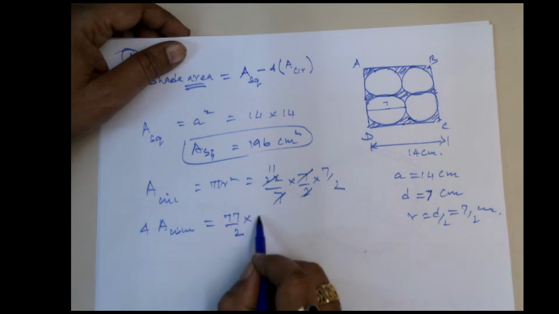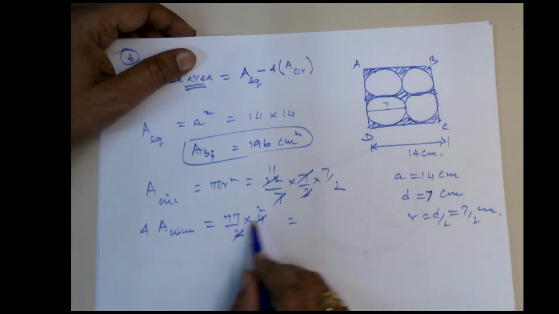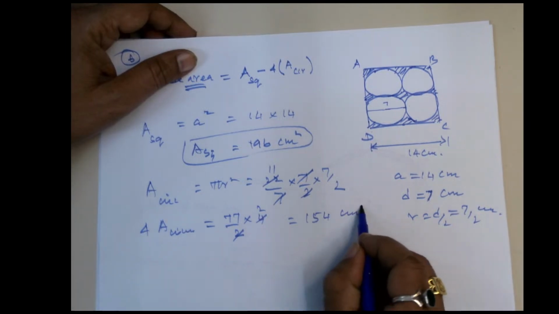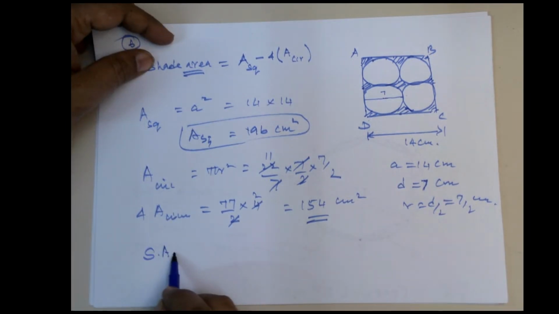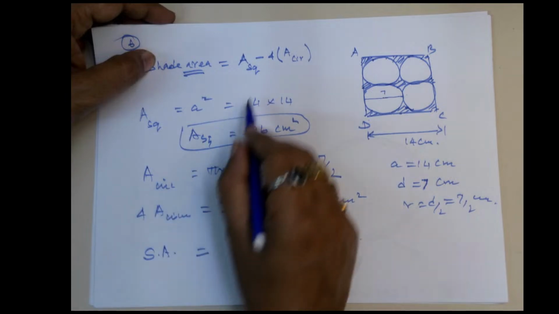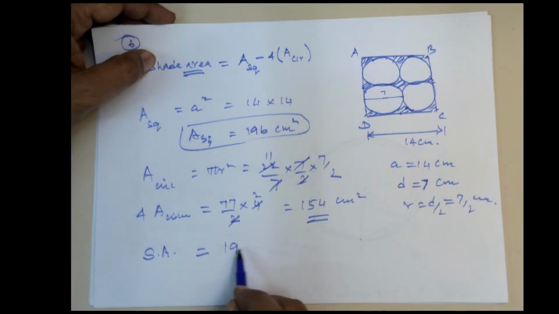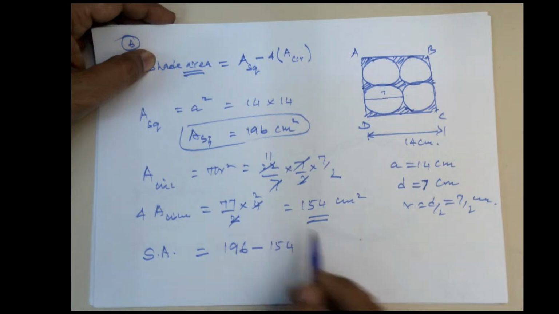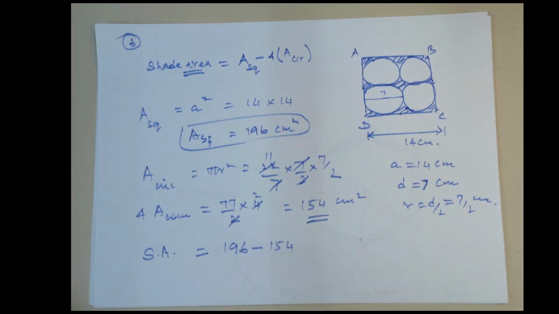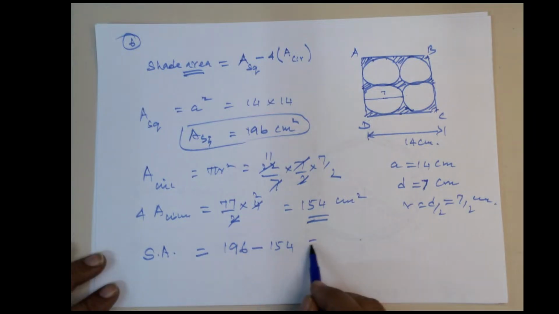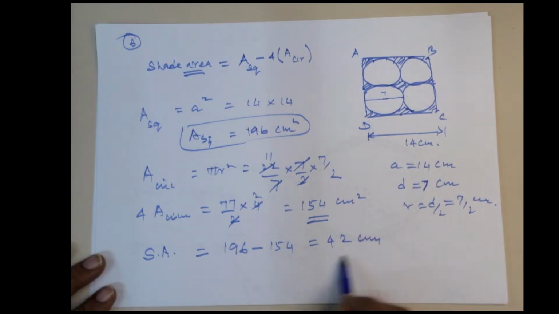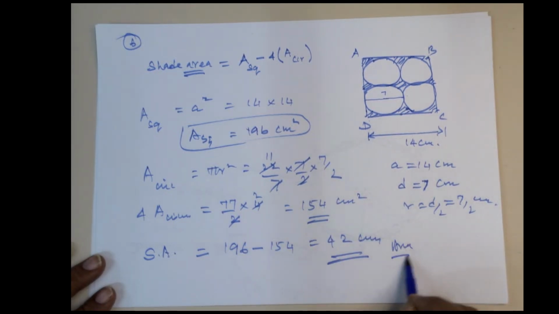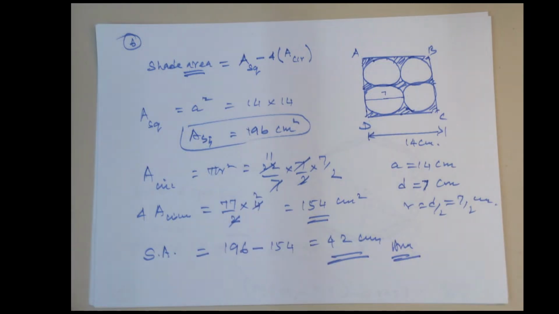So multiply by 4. So you can multiply, divide by 2. So you are able to get 154 square centimeter. So this is the area of the circles. So shaded area is equal to area of the square, how much? 196 minus 154. That is the area of 4 circles. Is it not? Therefore, the answer is 6 minus 4, 2, 9 minus 5, 4. So 42 square centimeter is the answer. Do you understand? Okay.